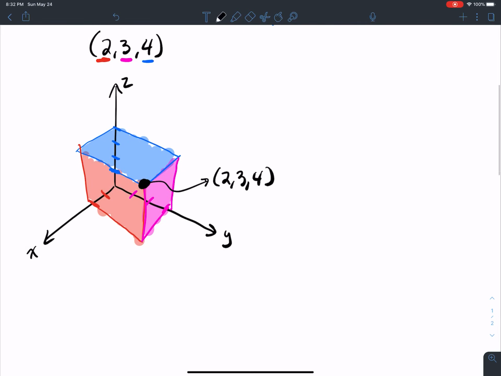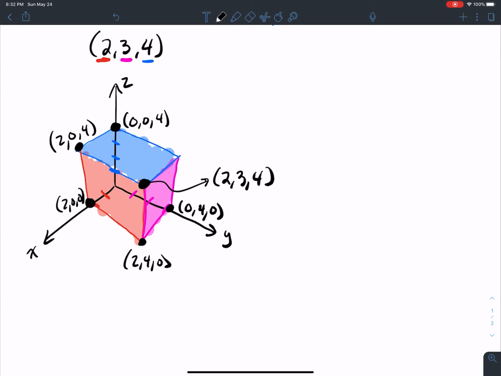You can kind of see it in three dimensions. This point here is 0, 0, 4. This point over here is 2, 0, 4. This point down here is 2, 0, 0. This point over here is 2, 4, 0, and that point is actually 0, 4, 0.